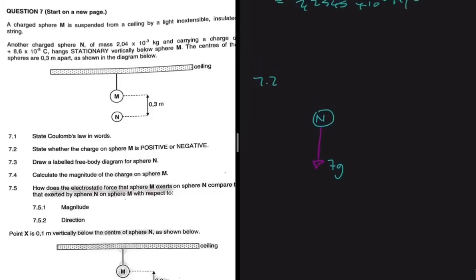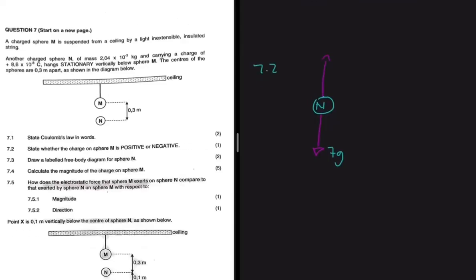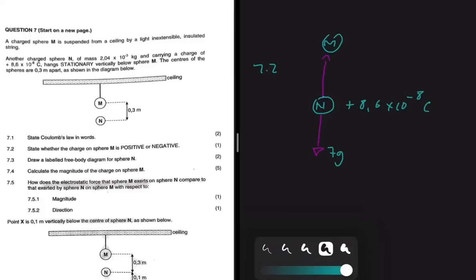That is because sphere N is being pulled up by sphere M. If sphere N has a positive charge of 8.6 times 10 to the minus 8 coulombs, then sphere M, which is pulling sphere N up, should have a negative charge. If sphere M had a positive charge, sphere N would just fall. What's happening here can only happen if sphere M has a negative charge. So for 7.2, we're saying that sphere M has a negative charge.